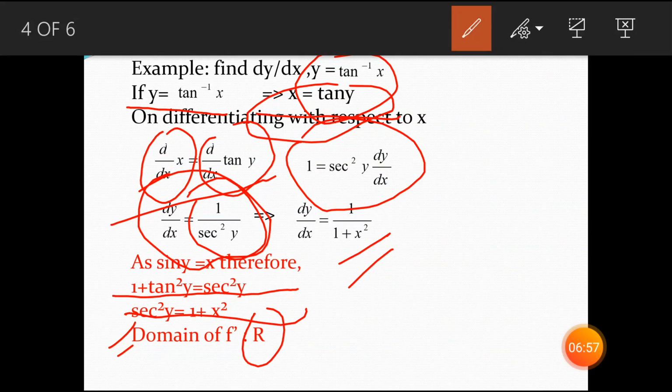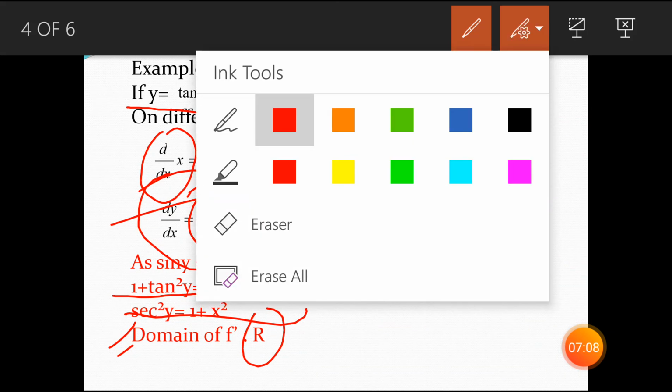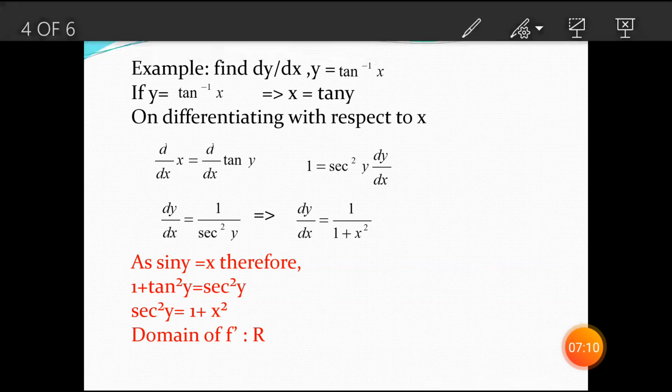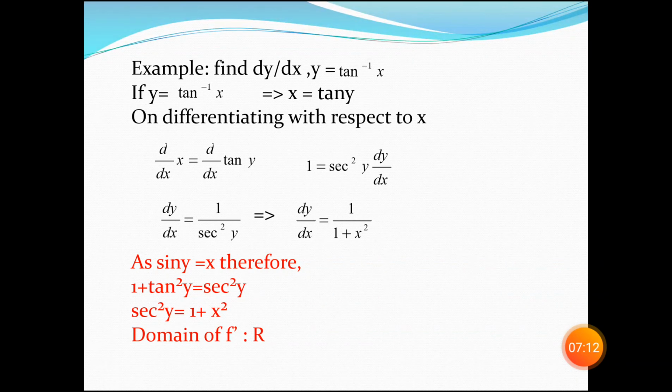This is very simple that we are doing. On the basis of this concept you can solve all the formulas, and if you get any problem you can freely discuss with me.